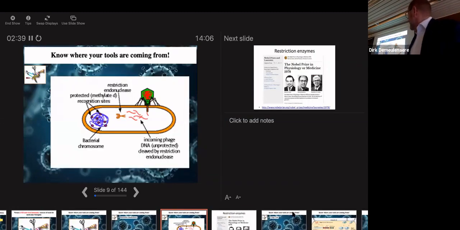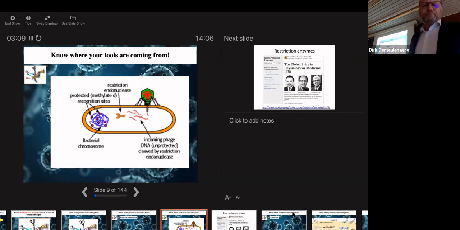If a phage tries to infect this bacteria, and if this bacteria expresses a restriction endonuclease that has the ability to cut the genome of the phage, then the infection is blocked. And that's the biological meaning of these restriction enzymes. They have not been produced by nature to please molecular biologists. They are part of the innate immune system of bacteria.